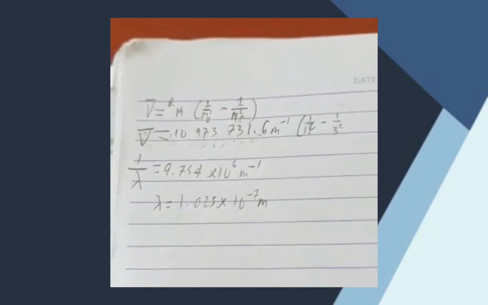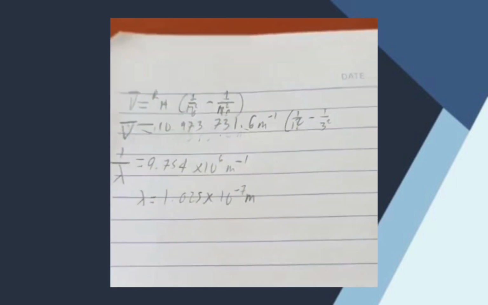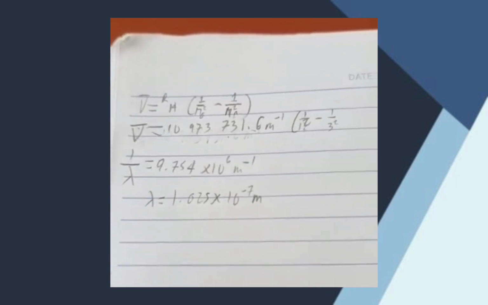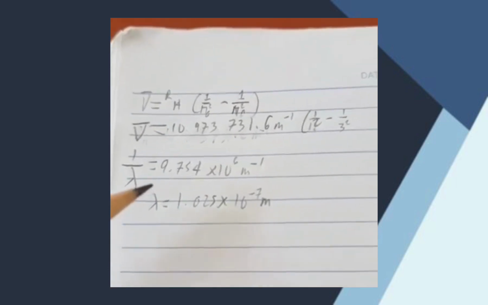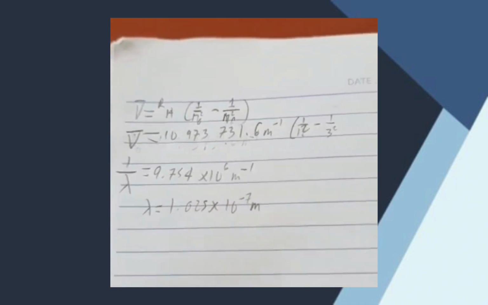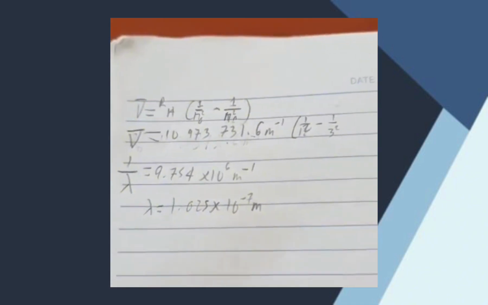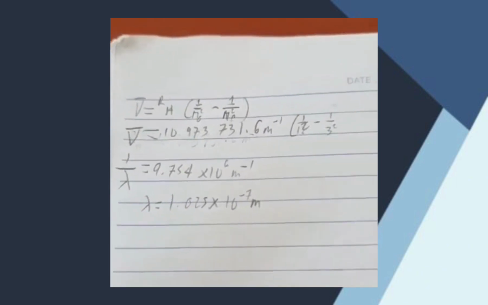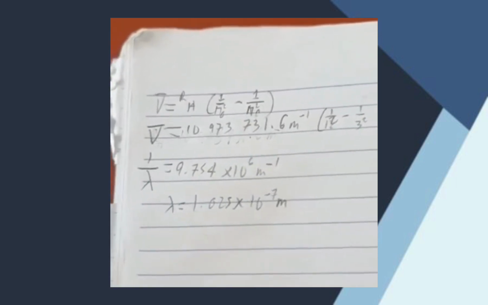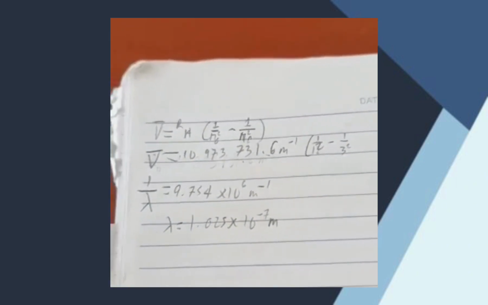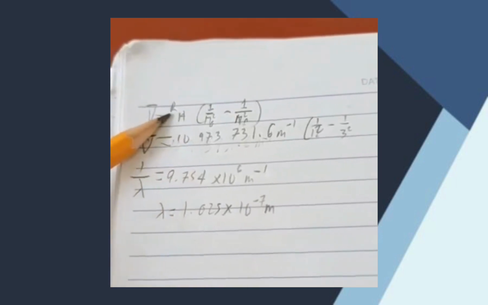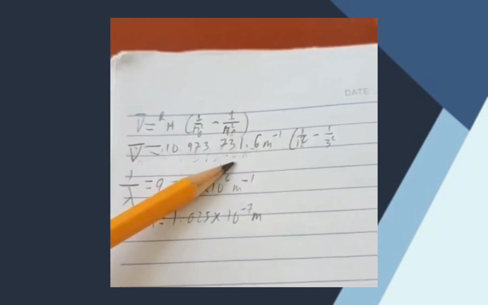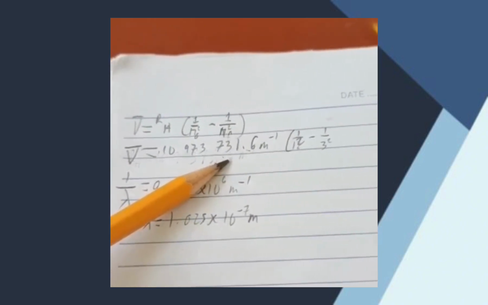So here we have our energy, our wave number. Our wave number is 1 over wavelength, so it is equal to, using a calculator, 1 over 1 squared, which is just 1, minus 1 over 9, which is obviously going to be 8 over 9, multiplied by 10,973,731.6.